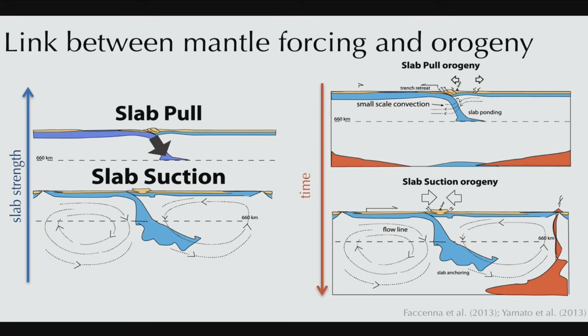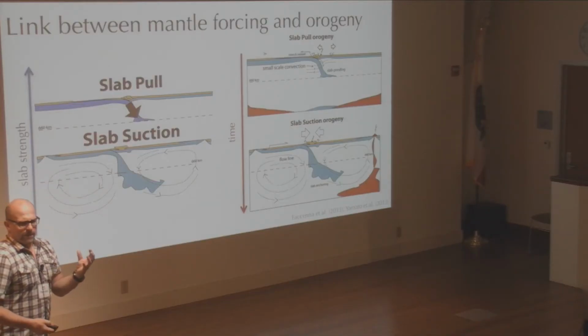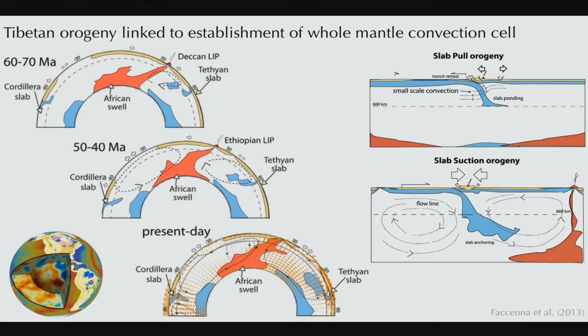If we're trying to find a record of that at the surface, this may be associated with relatively little shortening, and this may be associated with large-scale shortening, so a more larger-scale orogeny. We suggested that if you try to trace back anomalies in the mantle, going back to 60 million years, then the Deccan traps and the penetration of the Tethyan slab at around 60 MA may have been associated with the establishment of this large-scale conveyor belt and the large-scale collision in Tibet.